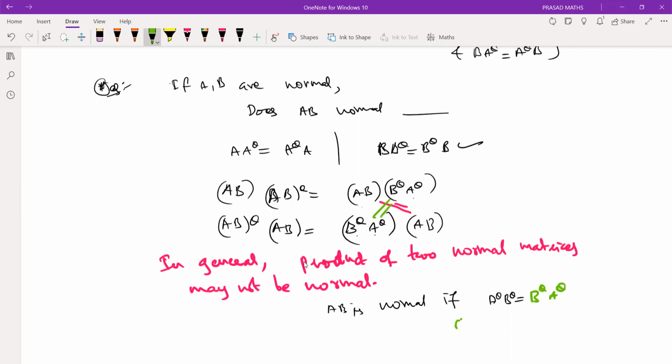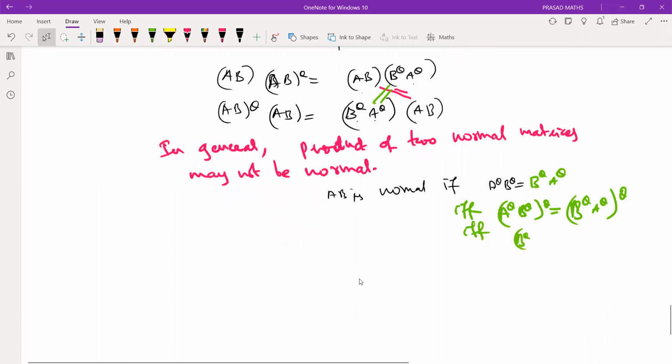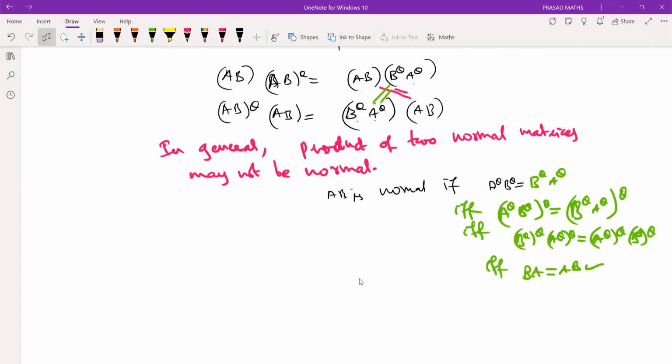It is the same as saying, take theta on both sides, (B theta A theta) whole theta means A theta whole theta B theta whole theta, that means if and only if BA equals AB. So if two matrices are normal and commutative, then the product is normal.